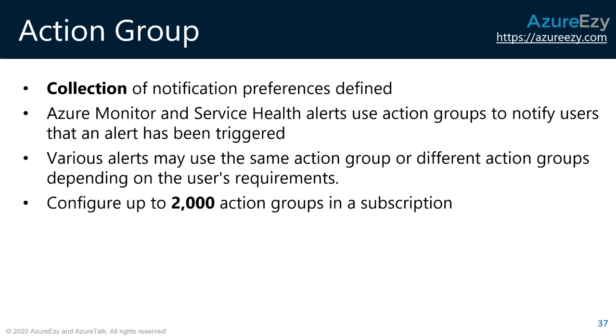Let's suppose you have one subscription in your organization. One subscription can support up to 2000 action groups. 2000 action groups is good enough for any organization. But if you need more, you need to raise this request to Microsoft or buy a different subscription to increase that particular count.